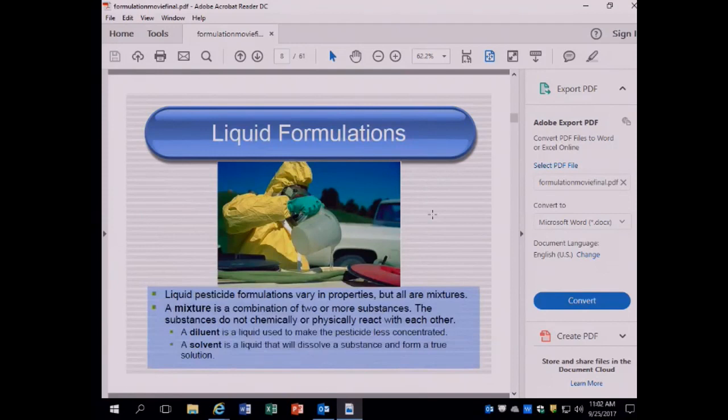Another term that we talk about is a solvent. It's a liquid that will dissolve a substance to form a true solution. Can anybody give me an example of a true solution? Isn't a true solution 50-50? Isn't it a mixture that's equal parts? No, not actually. It can be more of one than the other. But what are we talking about with a true solution?